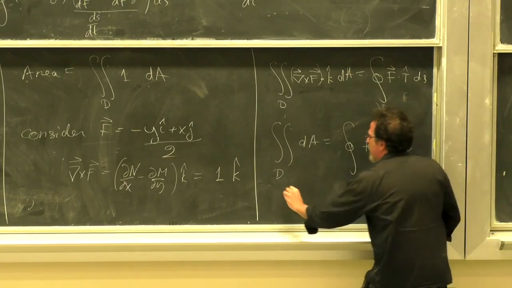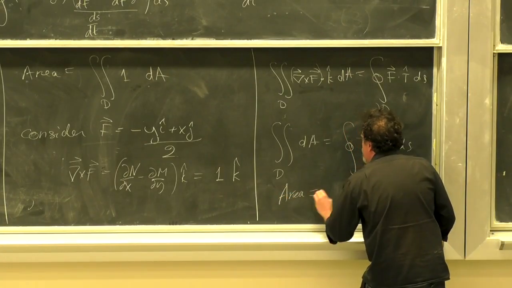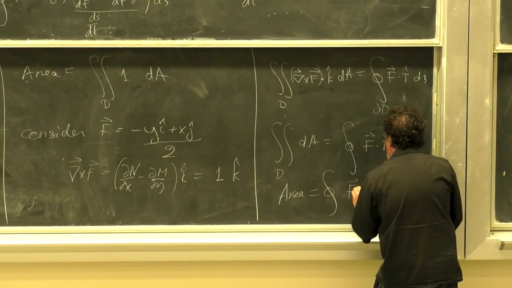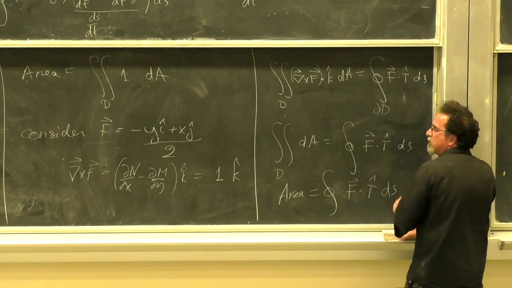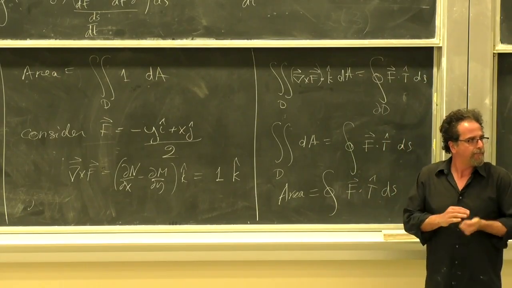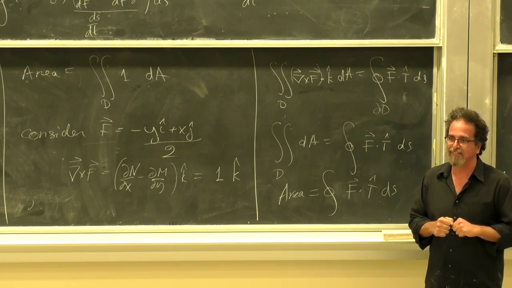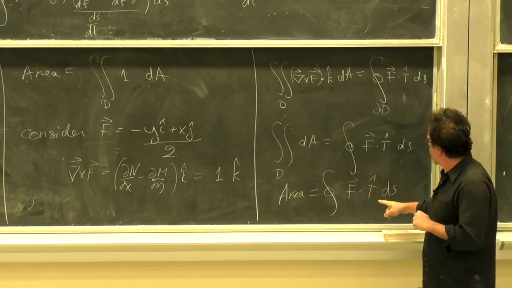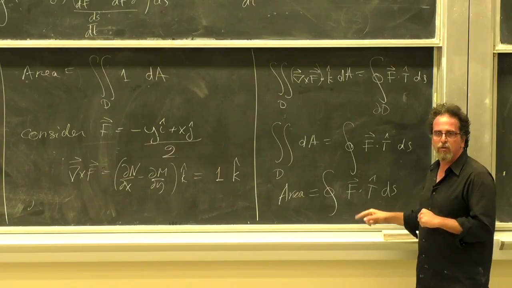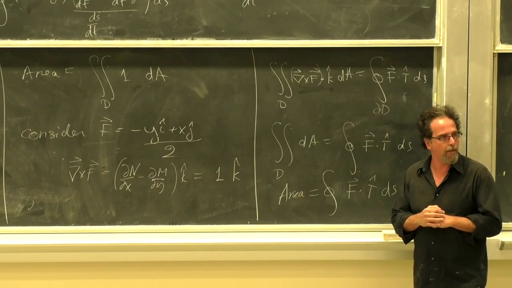Or put differently, the area is equal to this integral f dot t hat ds. So the cowpoke, your farmhand, has to do a line integral. Why? If the farmhand can do this line integral, you can compute the area of this domain.